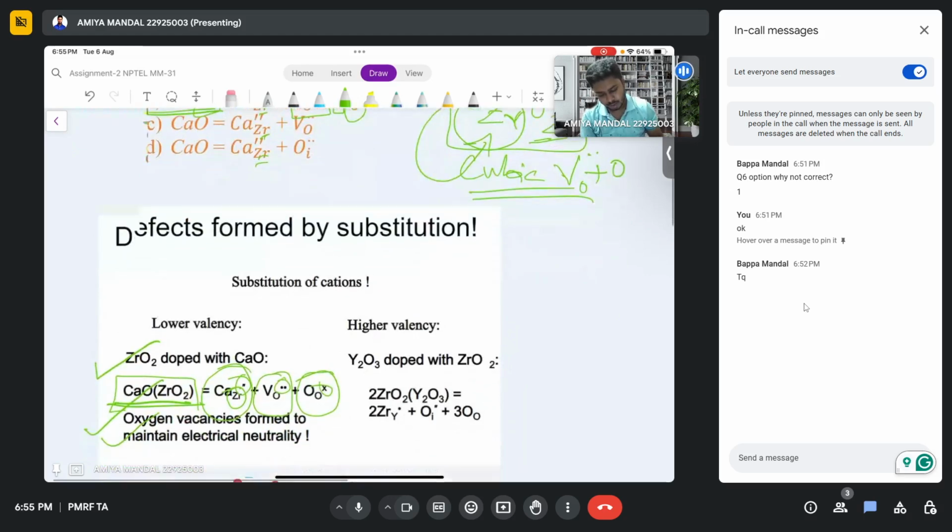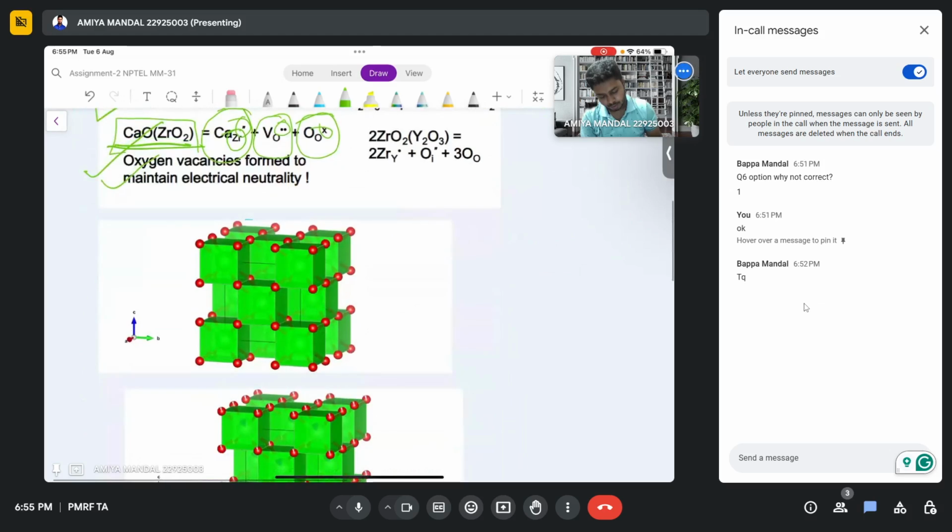Now we are trying to see the structure of zirconium dioxide. This is a cubic structure. At each cubic structure position, oxygens are arranged octahedrally.